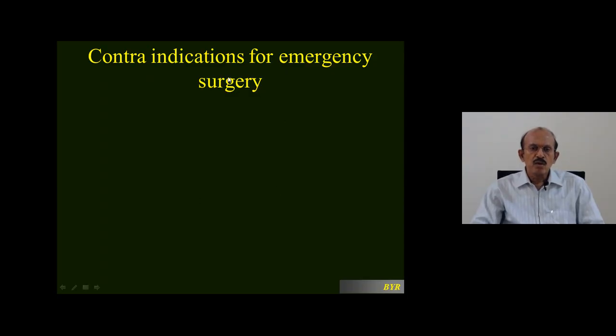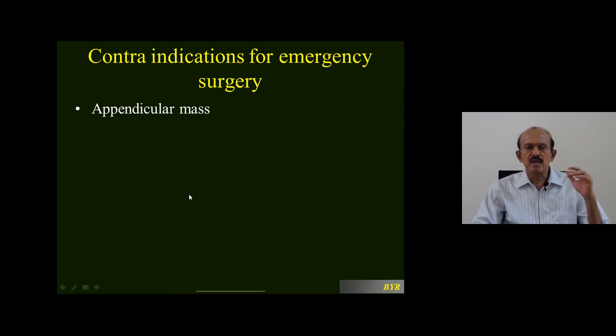So what are the contraindications for doing an emergency appendicectomy? When a mass has formed. So we have seen in the progress of the disease, the acute appendicitis can either resolve completely, or there can be localization with formation of a mass, sometimes an abscess, or there is spreading peritonitis.